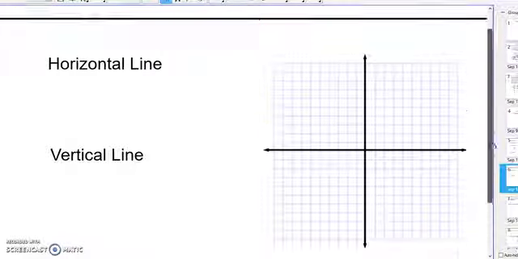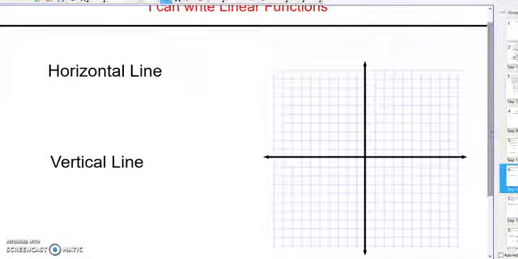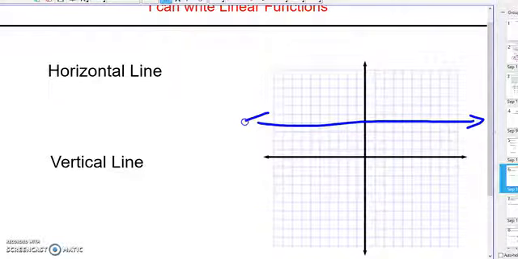Okay, before we see the examples, let's just cover the special cases of the horizontal line. So if I have a horizontal line, let's say going like this, right? Just to remind ourselves, that has a slope of 0, and any point that I take on that horizontal line, the y value of those is going to be 4, it doesn't matter what the x value is.